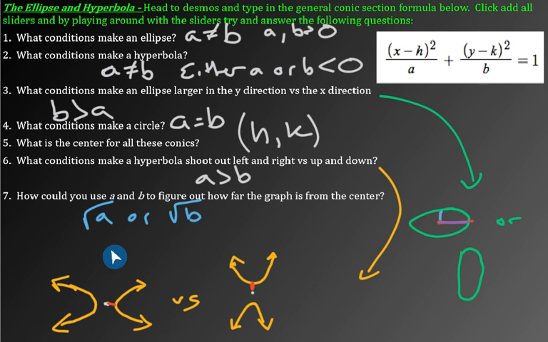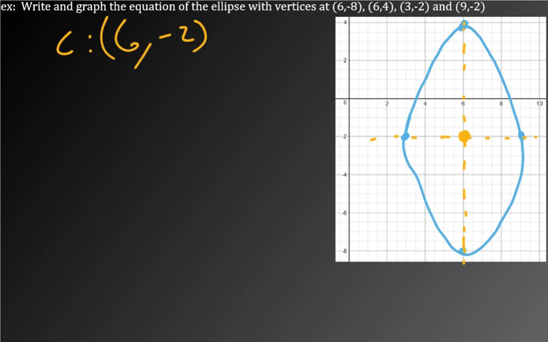Actually, let me go back here. And remember this piece, this is probably the most important little question on this slide. The distance from the center out is the square root of A and B, and B is always the vertical and A is always the horizontal. So this distance is 3, because we're going from 6 to 9.